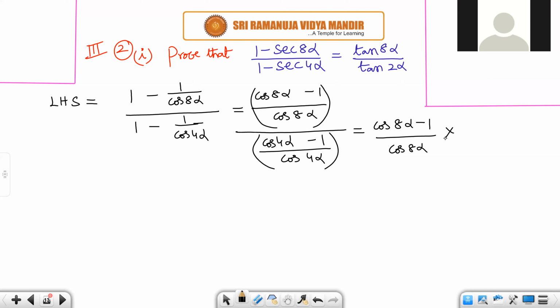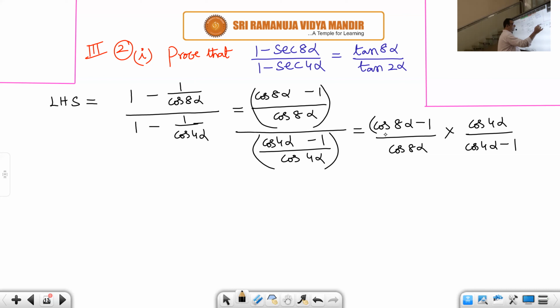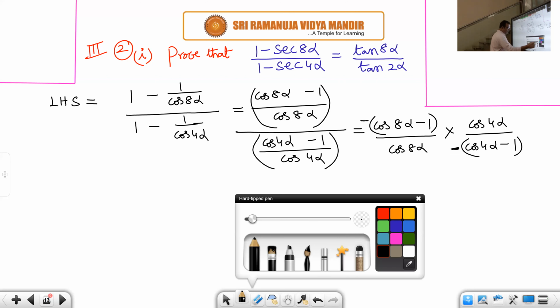Sir, cos 4α by cos 4α − 1, sir. Very good. See, cos 8α − 1 and cos 4α − 1. Here I will multiply by minus 1, and this bracket also I will multiply by minus 1. That means numerator and denominator I have multiplied by minus 1.